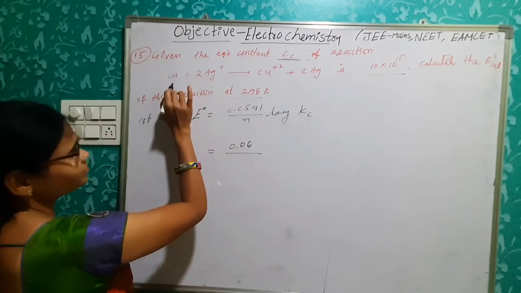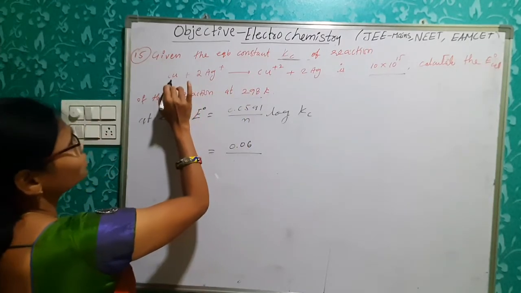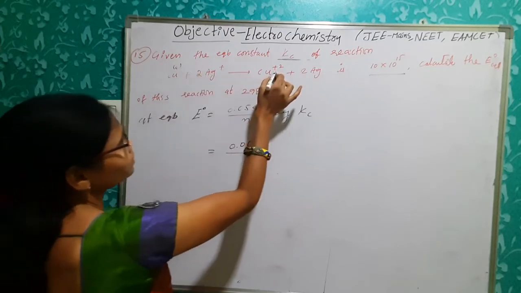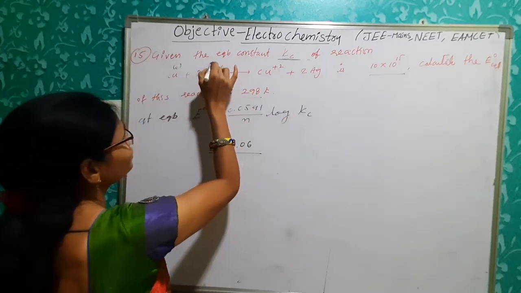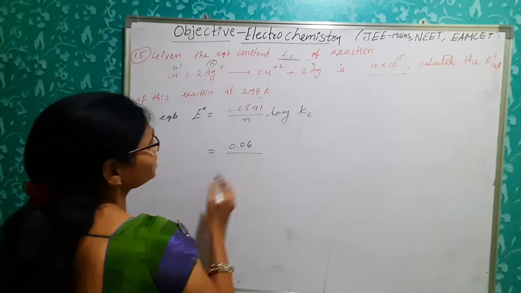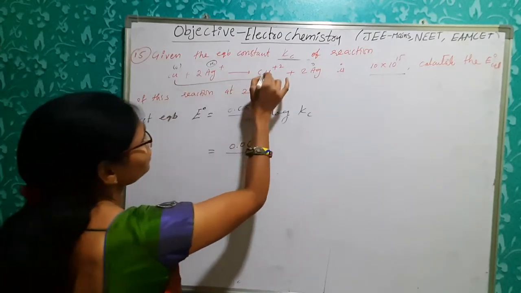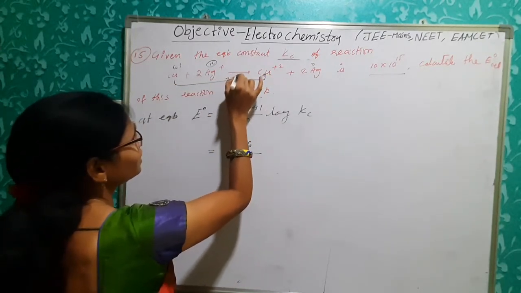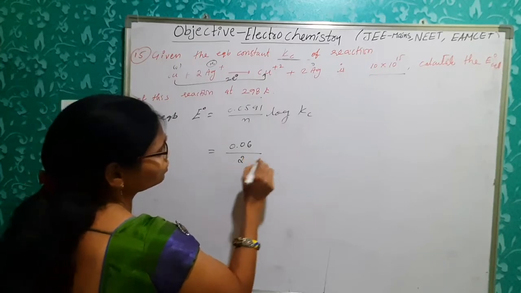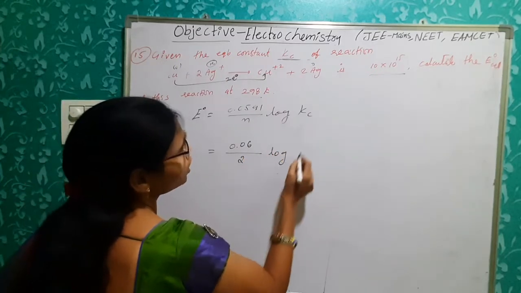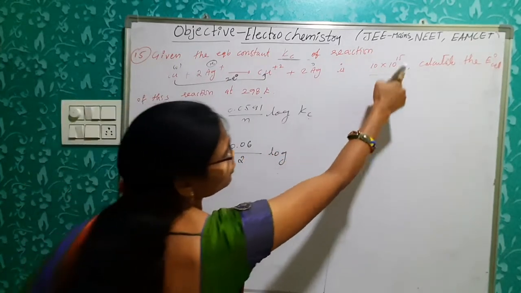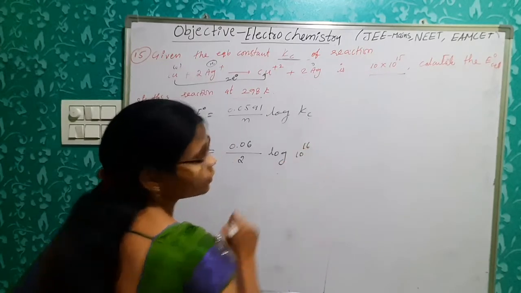So 2 electrons here. Cu 0 going to plus 2, and Ag plus going to 0, so in this redox reaction 2 electrons are involved. So you can take n as 2. Log of 10 into 10 power 15 means you can take simply 10 power 16.